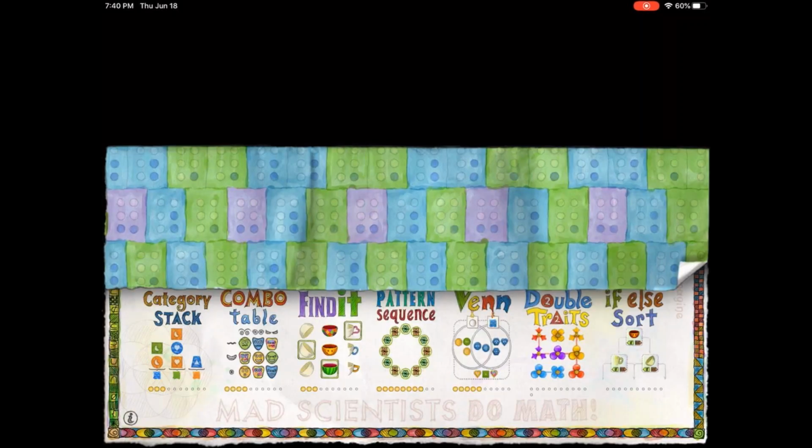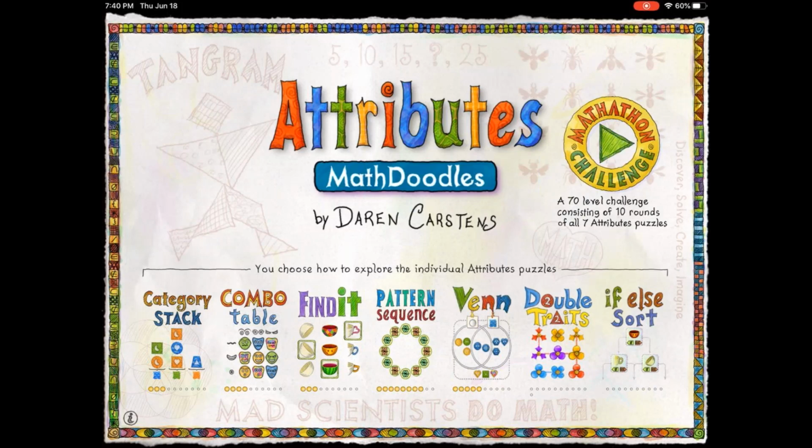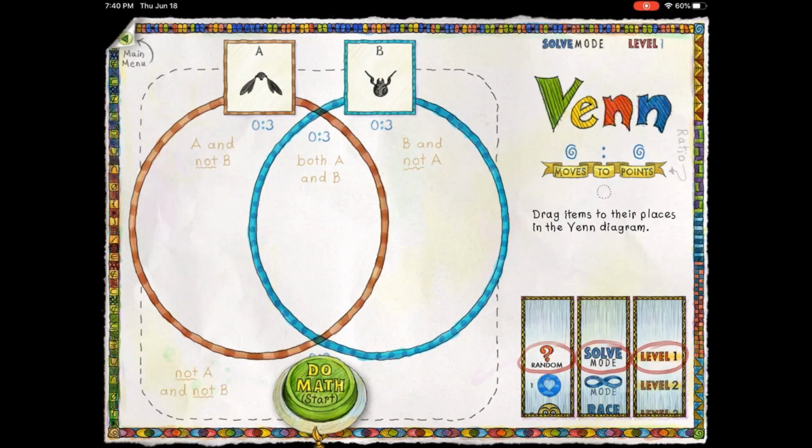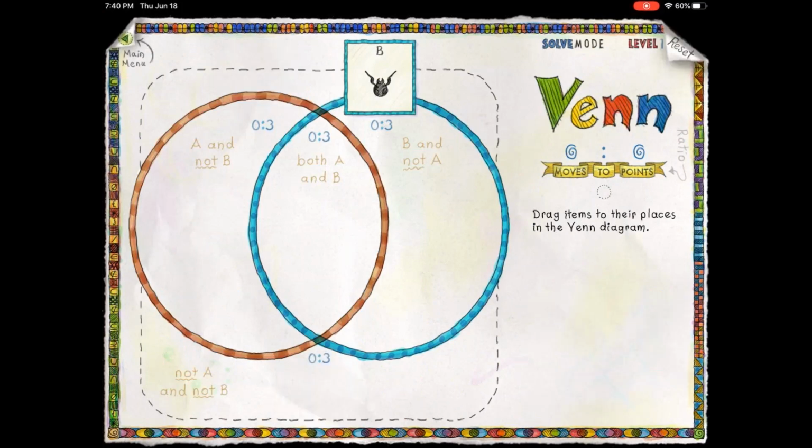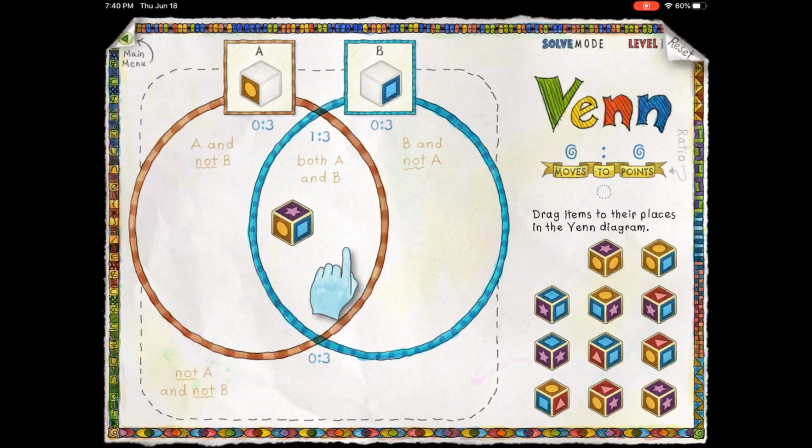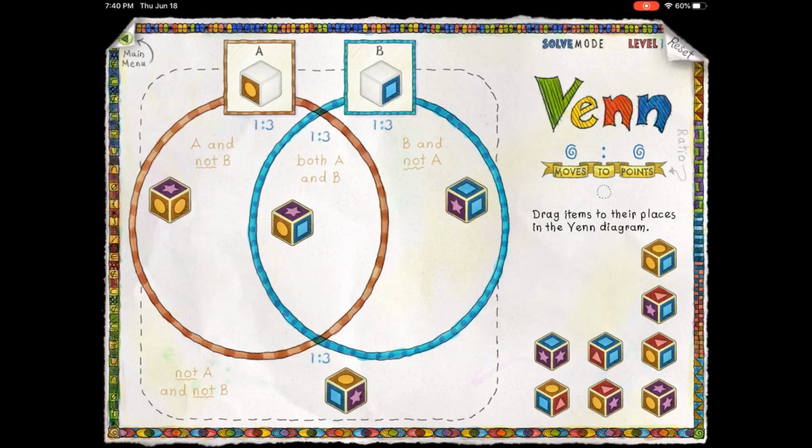The Venn diagram, you're looking for what's the same and what's not. And we'll click on that so you can see a sample. So by looking at the ones they've already put there, we can determine which attributes are the same.